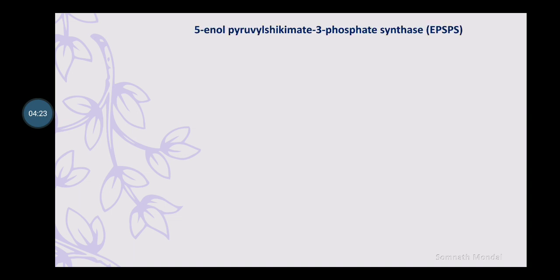Now let's have a look at the enzyme EPSPS that is blocked by glyphosate. This enzyme is a 46 kilodalton protein with 2 domains, hinged at a point. There are 2 classes of EPSPS, class 1 and class 2.